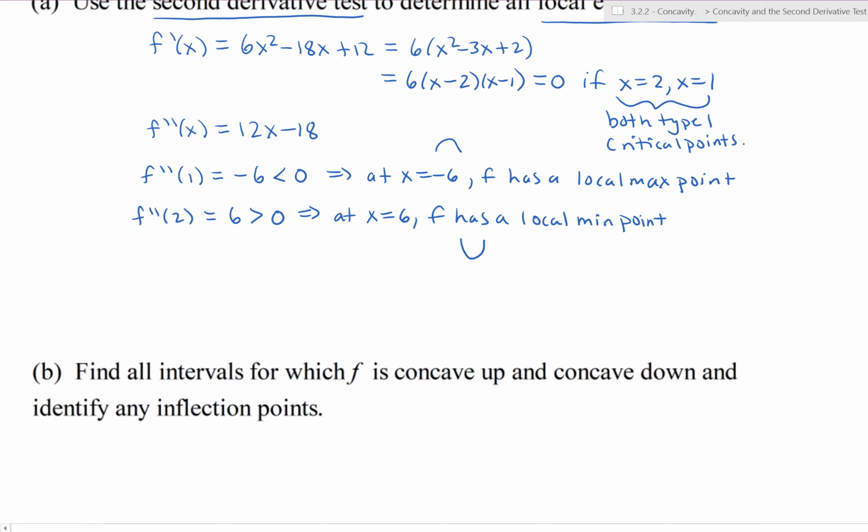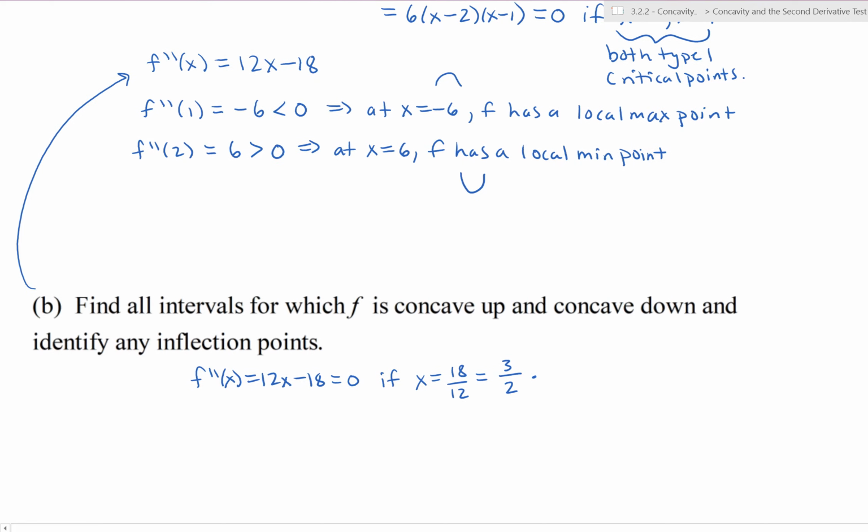And notice, right up here, there's our second derivative function. f double prime of x, which is equal to 12x minus 18, is going to be equal to 0 if x is 18 over 12, or equivalently 3 over 2.